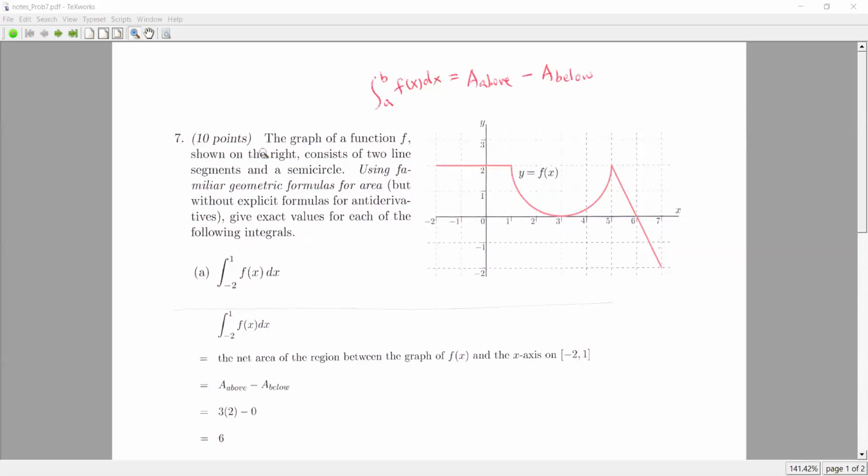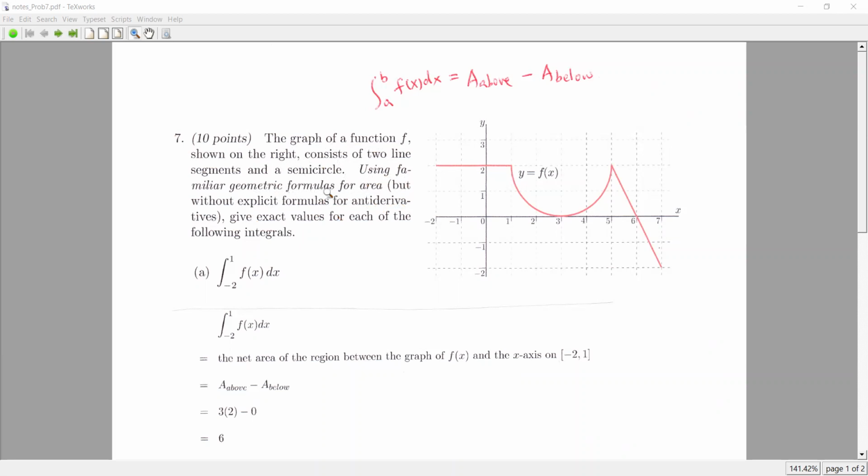Problem 7. The graph of a function f, shown on the right, consists of 2 line segments and a semicircle. Using familiar geometric formulas for area, but without explicit formulas for anti-derivatives.